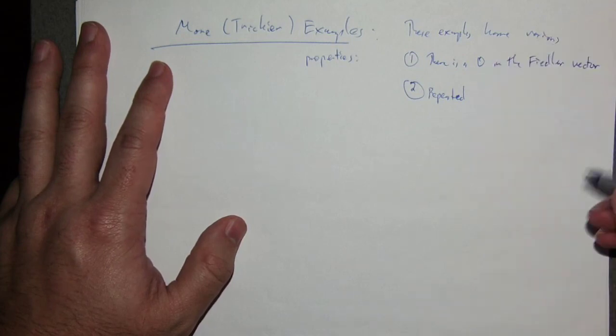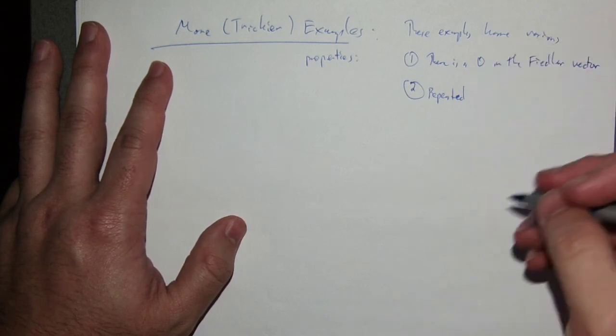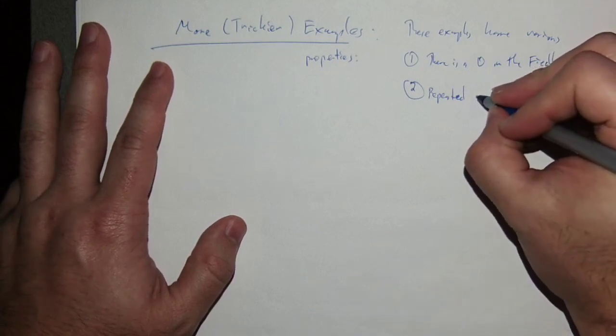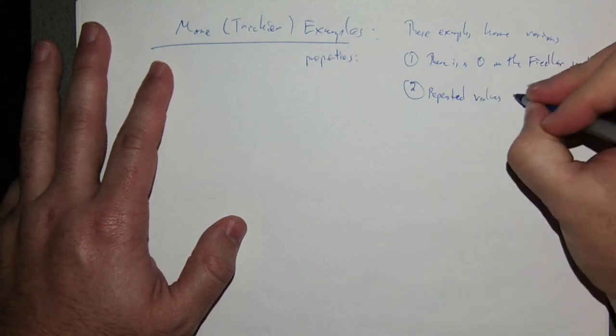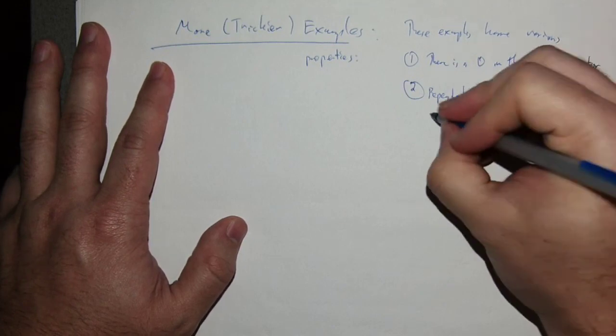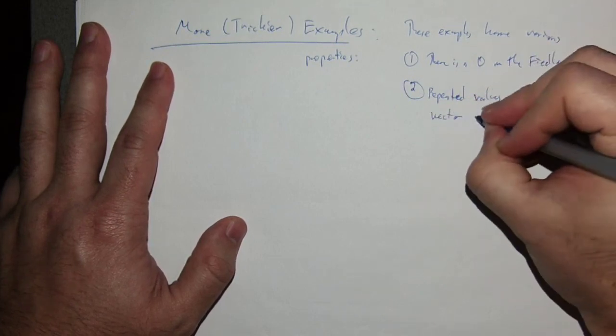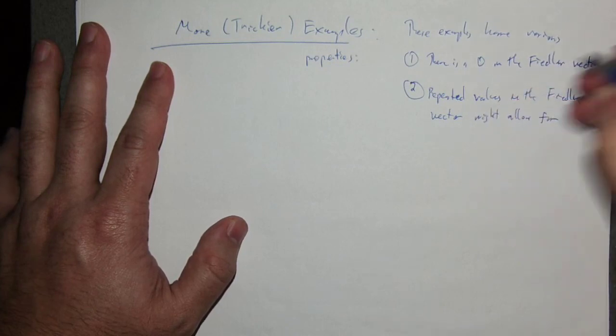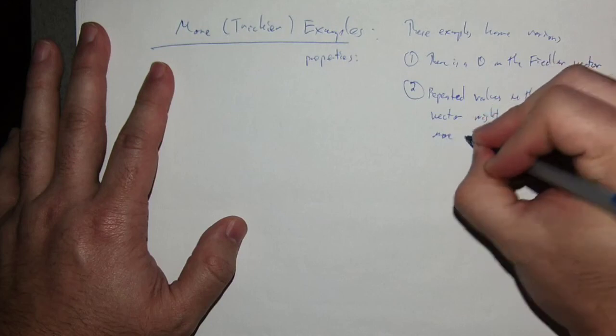So it might make sense to group those together in some way and avoid double counting. So repeated values in the Fiedler vector might allow for better choices, or more judicious choosing.